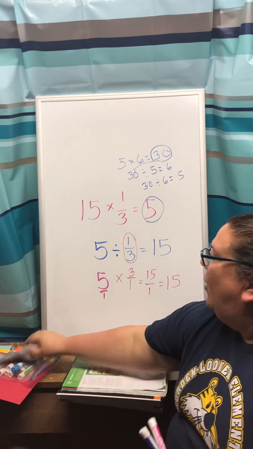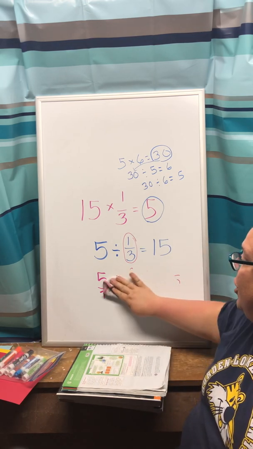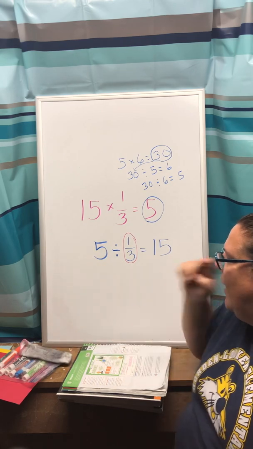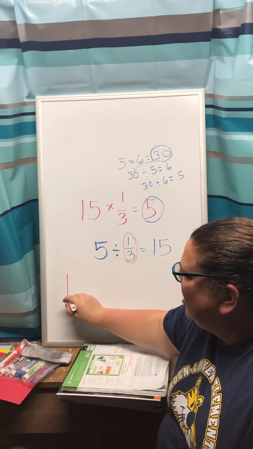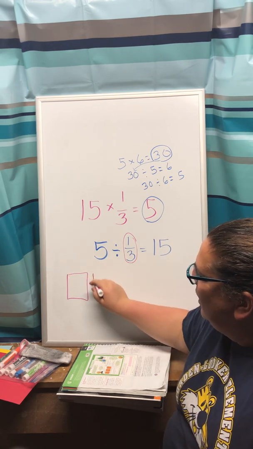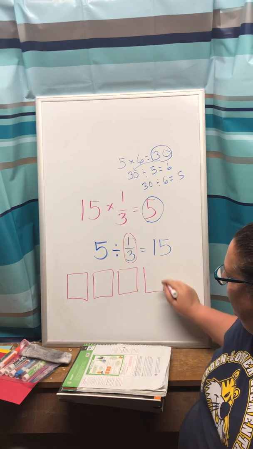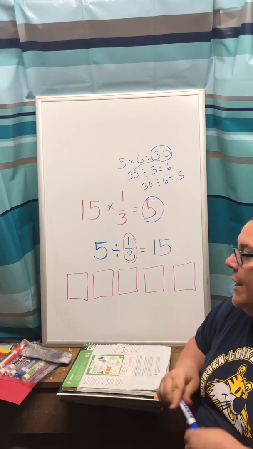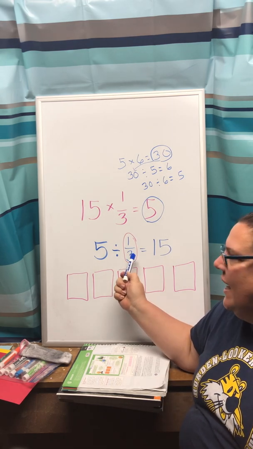Now, they also asked me to draw a diagram to show that this was actually going to work. So I'm going to start with 5 of something. I'm just going to draw rectangles here. Okay, so I have 5 rectangles, and I'm dividing my 5 rectangles into thirds.